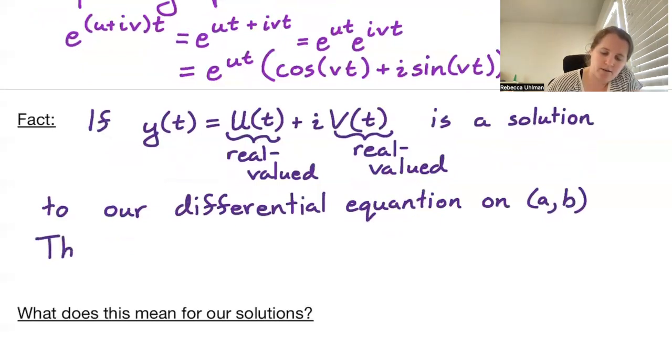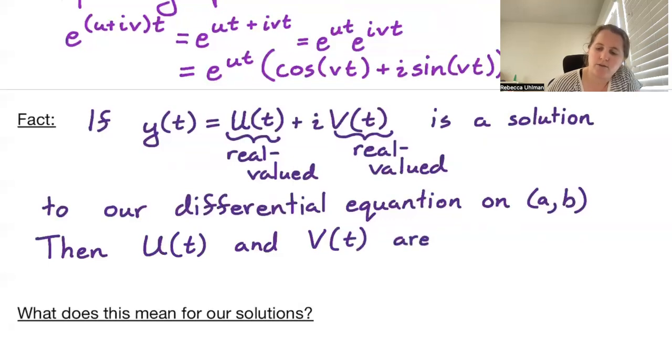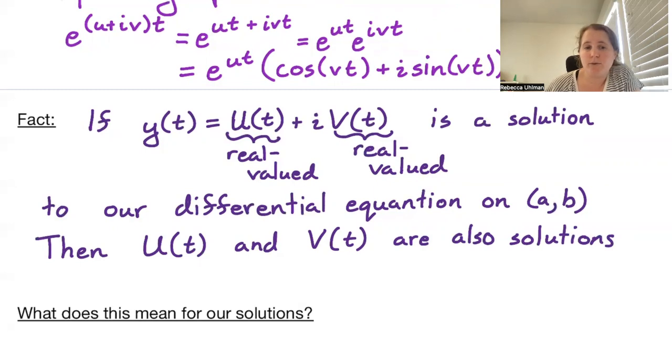So then u of t and v of t are also solutions. This is extremely useful.